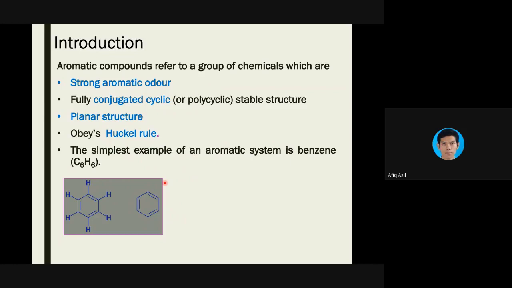It can have the chair conformation or the boat conformation, in which all of the carbons and hydrogens are not in one plane. You have the axial position for the hydrogen or the equatorial.